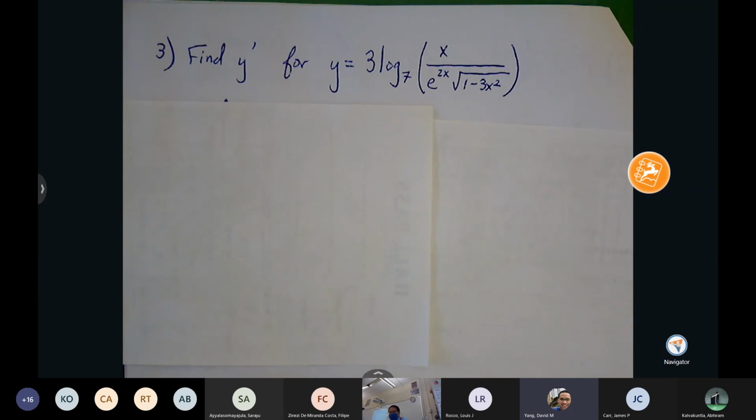We're asked to find the derivative, but should we jump into derivative initially? Okay, what should we do? Expand.